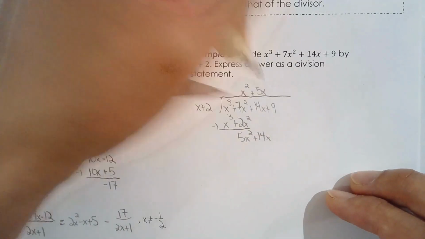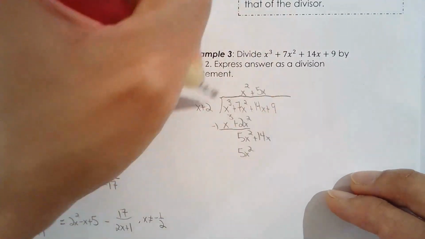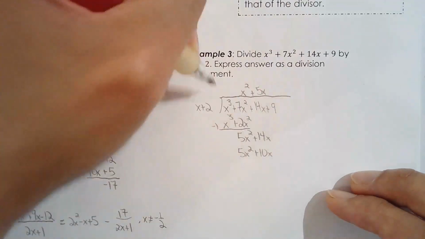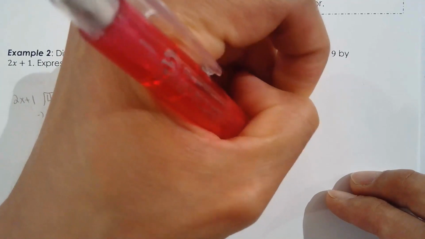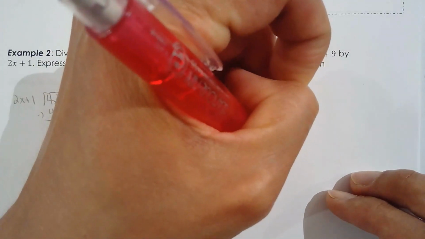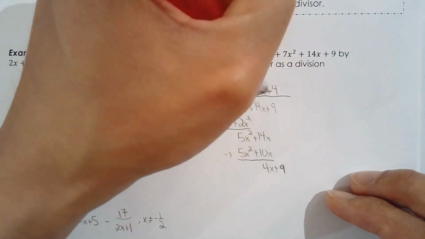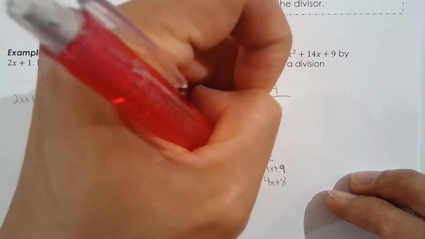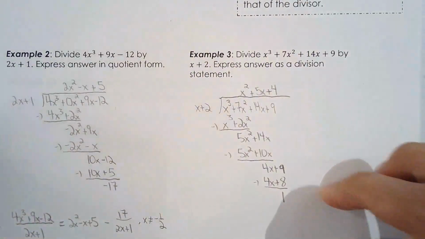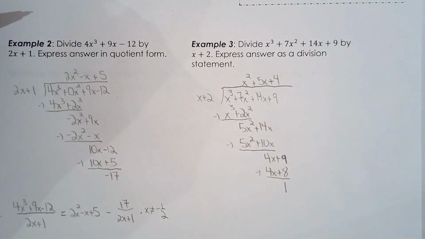Plus 5x, so that's 5x squared, so times 2 is 10x, subtract 4x plus 9, and then plus 4x plus 8, subtract. I can't go any further because the degree is less than the degree of the divisor, so this 1 must be the remainder.